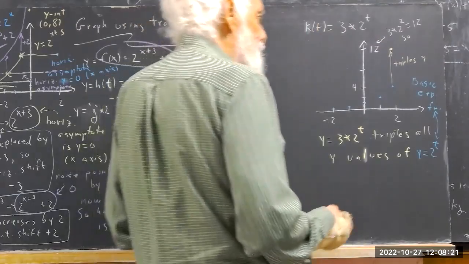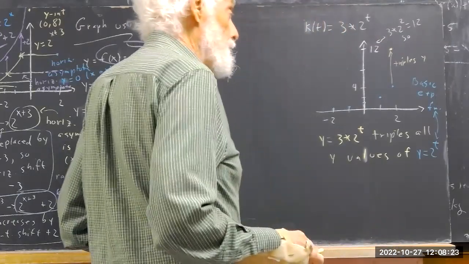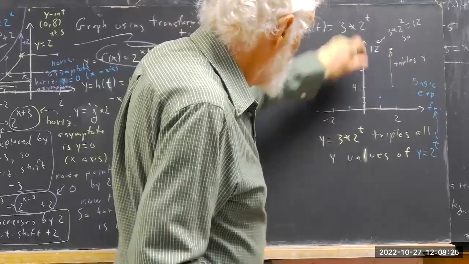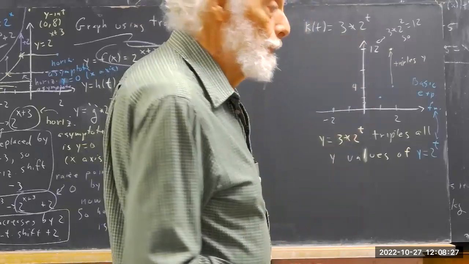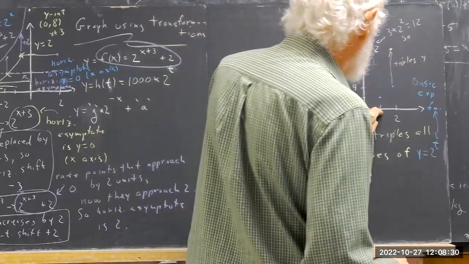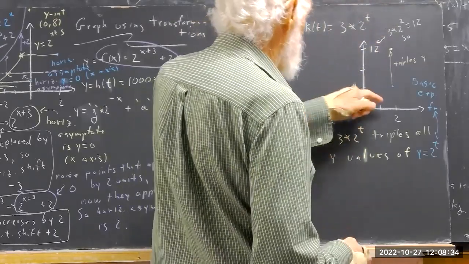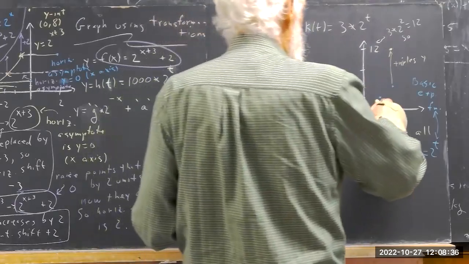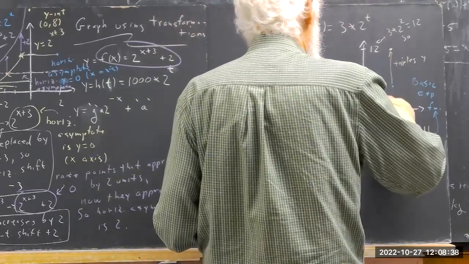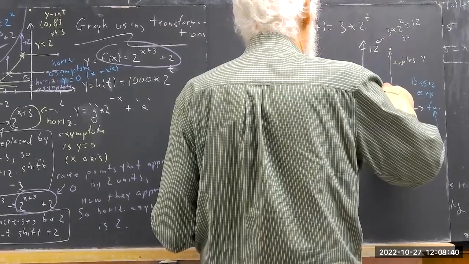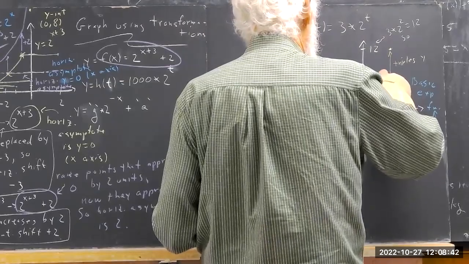Well, you could calculate it, but now you know every one of these y values is going to triple. So here, for x equals 1, your y value is 2, and that's going to triple. So we're going to have the y value here, and then we have to add that again, so we'll end up here.